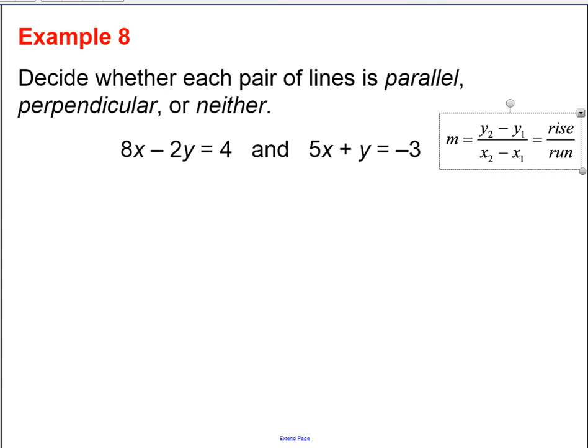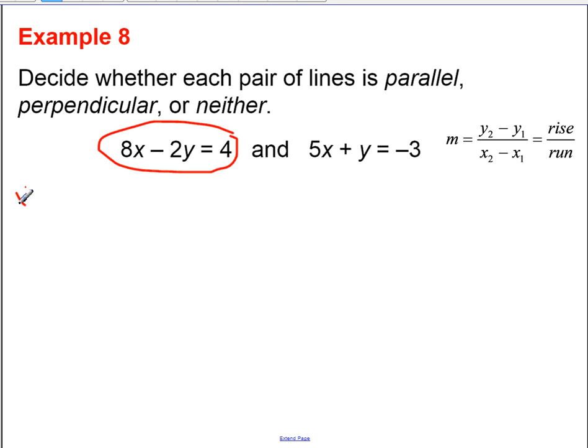For example number 8, we want to decide whether each pair of lines is parallel, perpendicular, or neither. We have 2 lines. To get the slope of the line, we can find 2 points on each line. For the first line, let's find the x-intercept. Again, the x-intercept is where y equals 0.